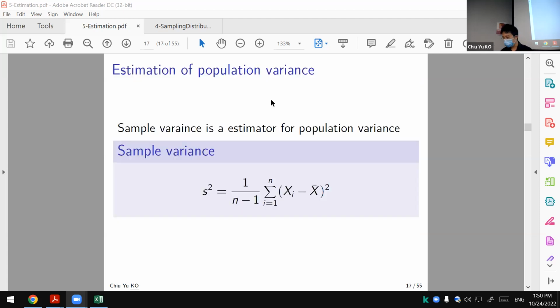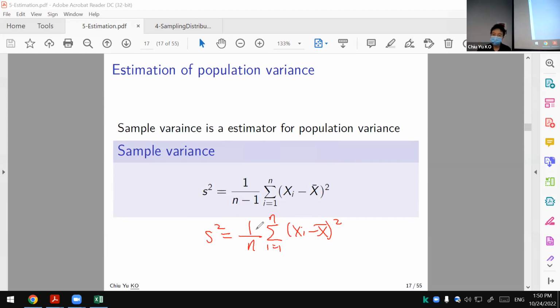The next one is what we have been working on. It's called the sample variance. And you would wonder, since primary school, secondary school, why don't we do this? Why do we have to use n-1?